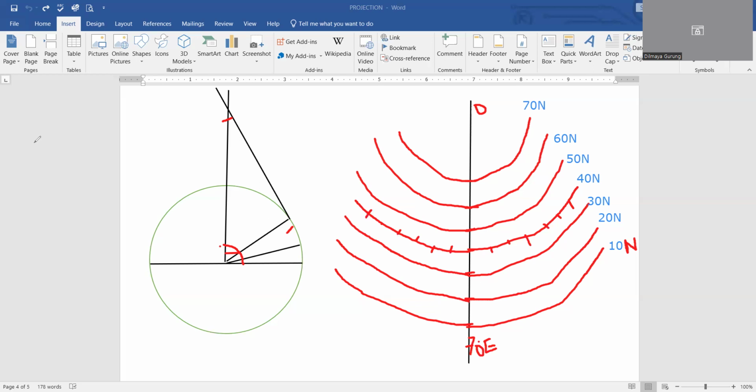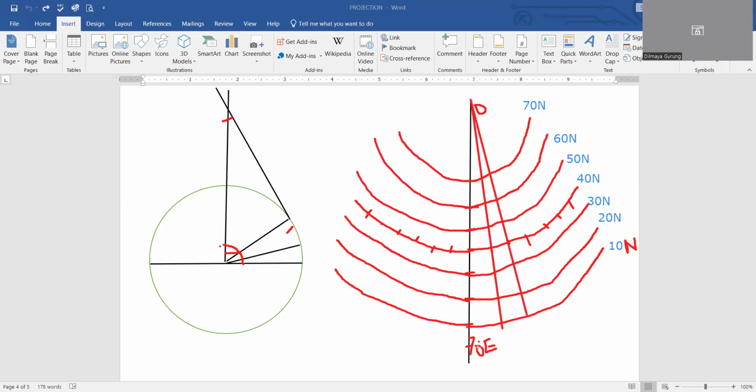Now take your scale. Make sure your center is this point only. Wherever you have marked, draw the straight lines like this. Done. First line, and the same way join all the lines.